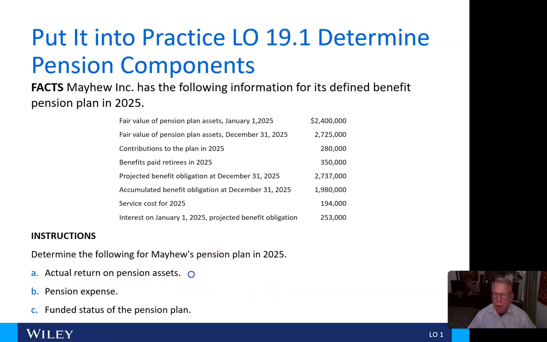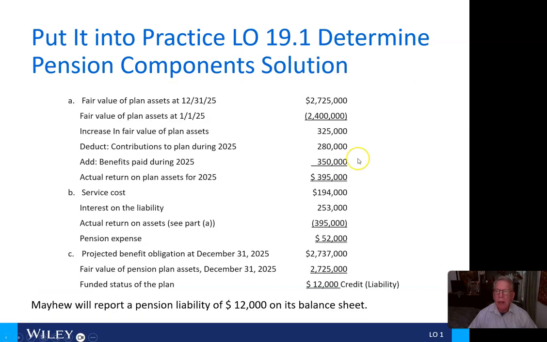So let's look at Alpha, the actual return on pension assets. And here it is. We're going to take the fair value of the plan assets at the end of the year, subtract out the fair value of the plan assets at the beginning of the year, and that gives us our increase in fair value of the plan assets.